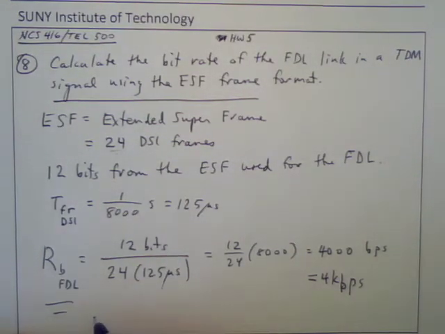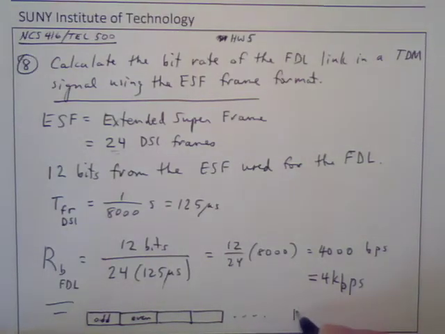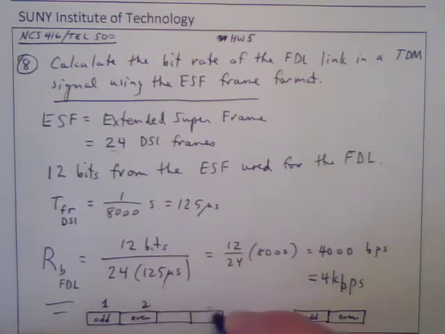And we can draw a picture of the FDL link here, where we have an odd frame and an even frame, and an odd, an even, etc., and this would be frame number 1, 2, 3, 4.